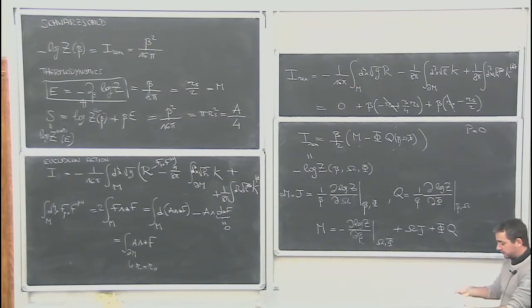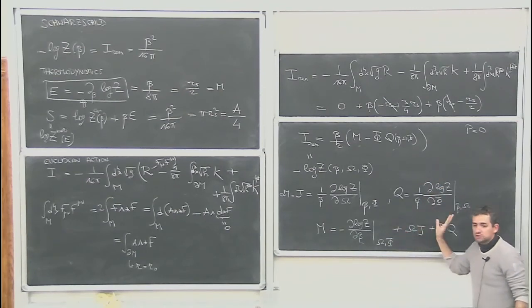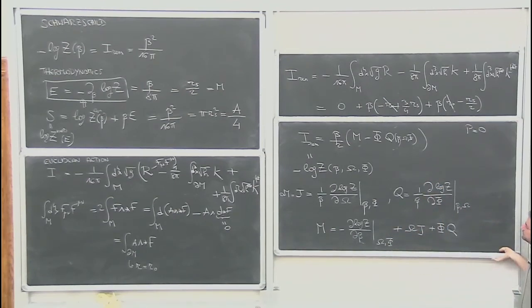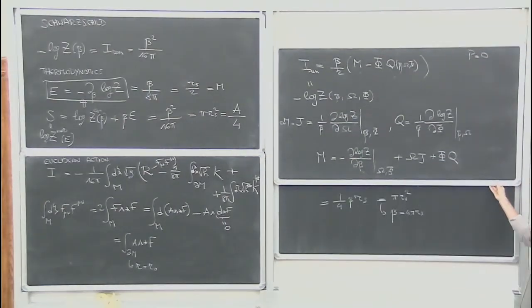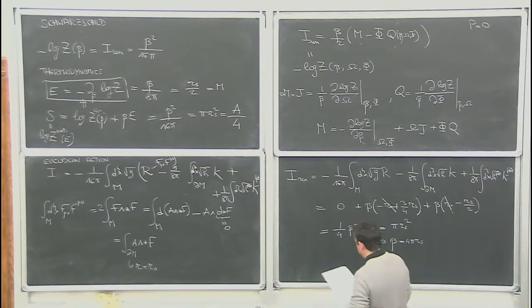I've written a footnote in the notes explaining how to make this comparison. I mean, you just use the chain rule, you vary with respect to the parameters, and you check that it is correct. Anyway, let me just conclude. You can think a little bit more about that.